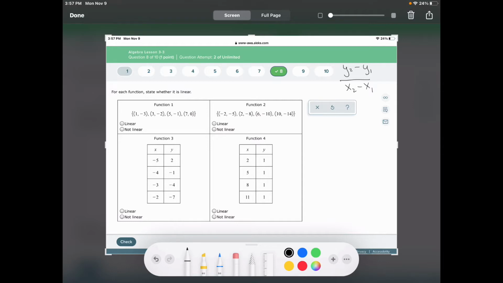So we have to calculate slope between all the points. So I'm looking at function 1, and I'm going to say y2 minus y1 over x2 minus x1. So here'd be the work for that. 0 minus negative 1 over 7 minus 5. That would be 1 over 2. And then I need to go to the next one. Negative 1 minus negative 2 over 5 minus 3.